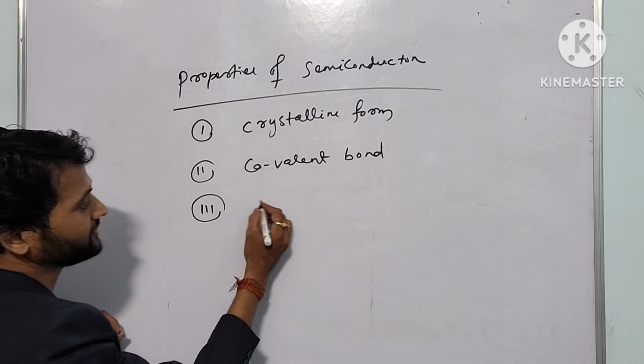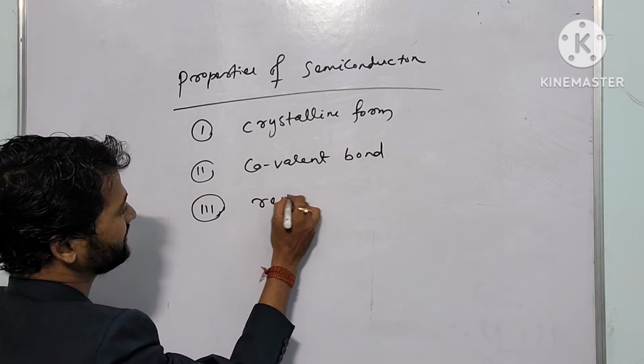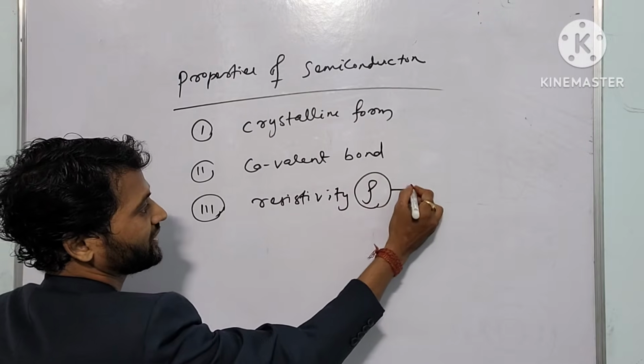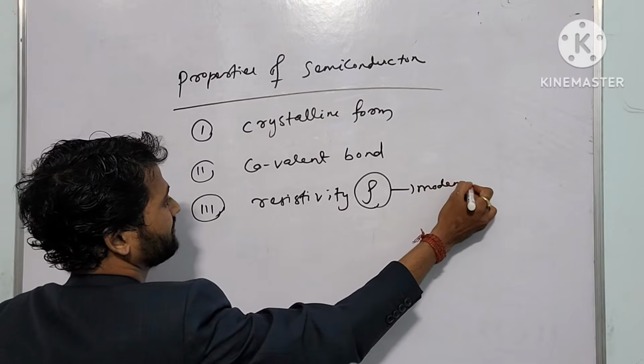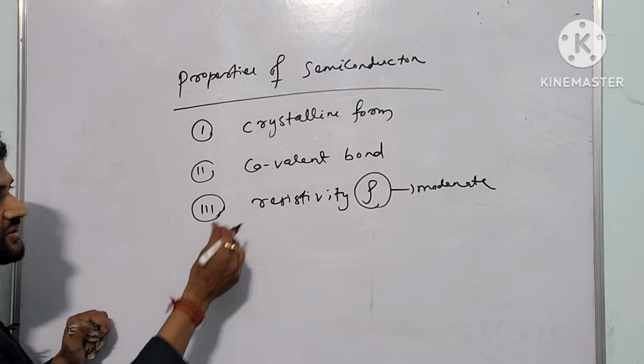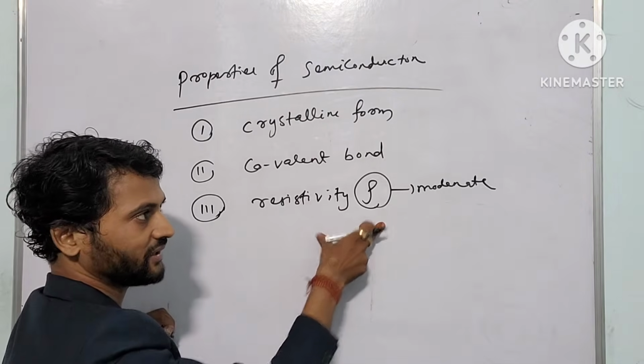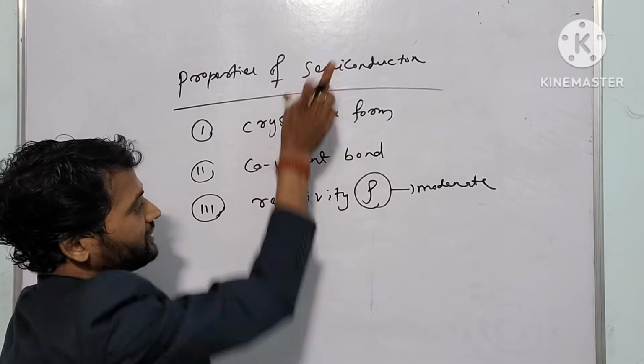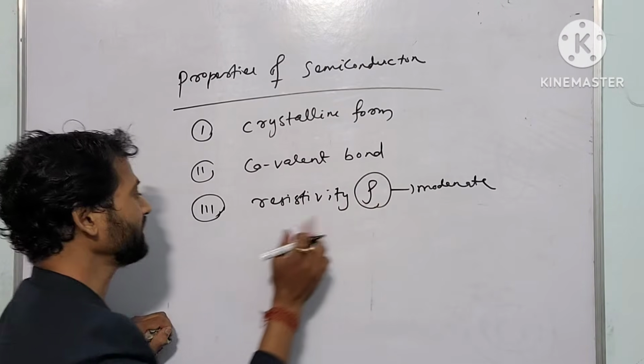And third point is the resistivity rho is moderate, as I've told. मतलब resistivity of conductor is very less and insulator is very high. Resistivity of semiconductor is moderate in between conductor and insulator.